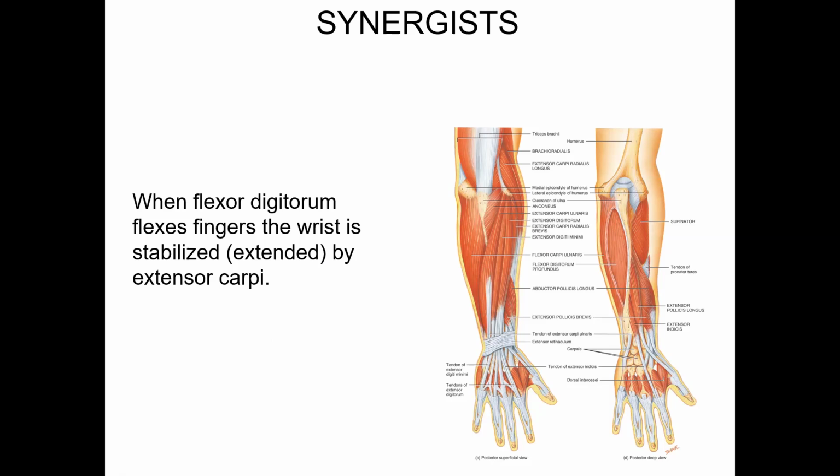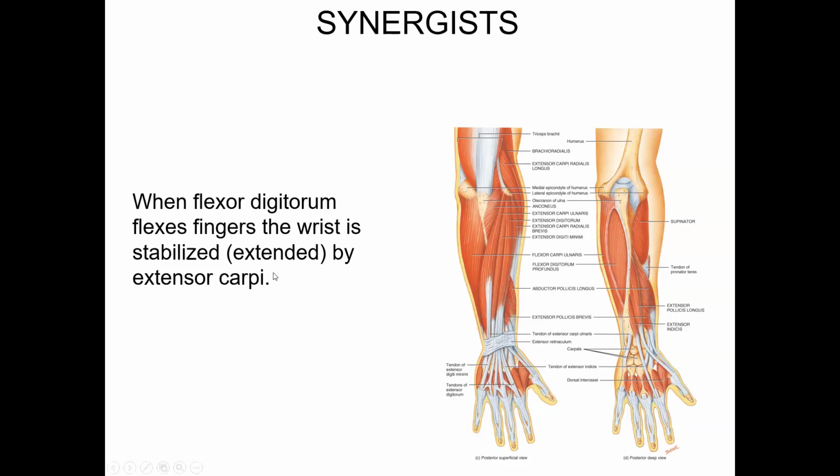When that happens, and especially if we hold on very tight to something, like if you're grabbing a steering wheel real tight, at the same time, nerve impulses will also be sent automatically to this muscle, extensor carpi, and that stabilizes the wrist. It makes the wrist immovable, so whatever we are holding onto so tight, will have very little chance to escape, and so we have a firm grip on whatever we are holding onto.